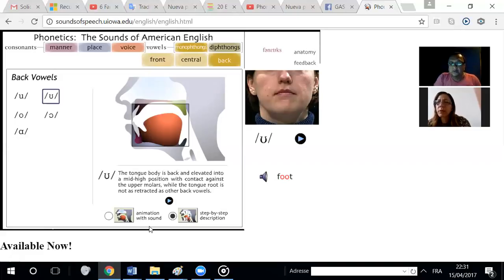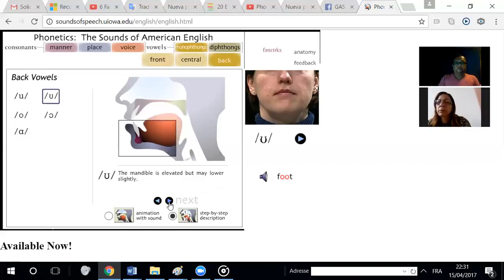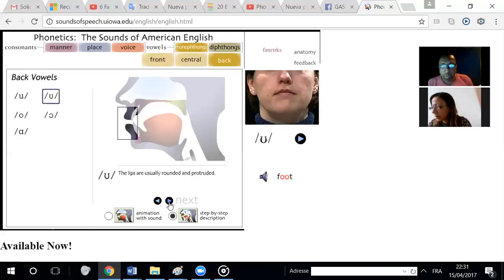Yes. The mandible is elevated but may lower slightly. Perfect. The lips are usually rounded and protruded. Phonetics, the sounds of American English, vowel monophones, back.